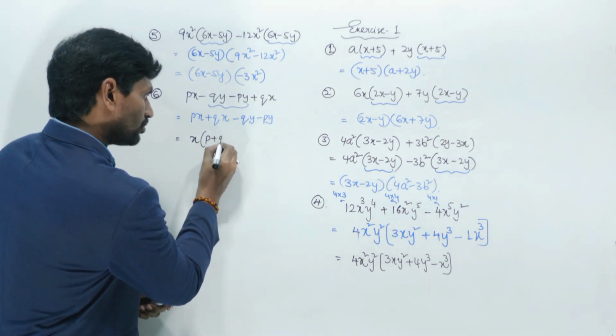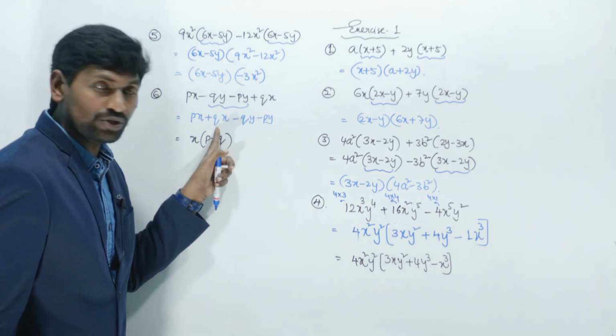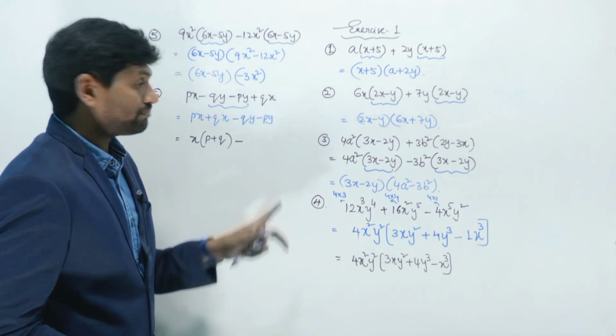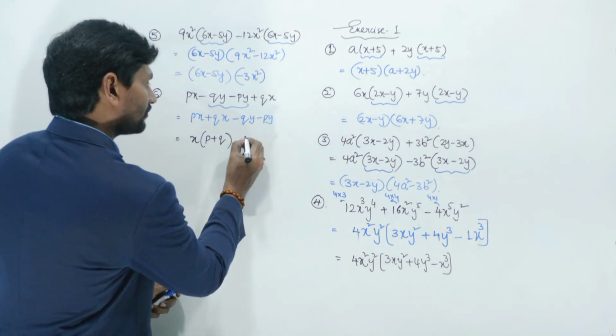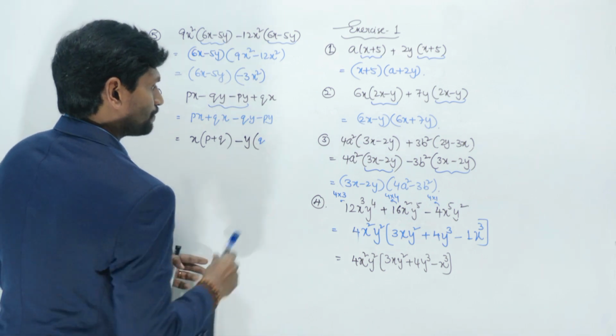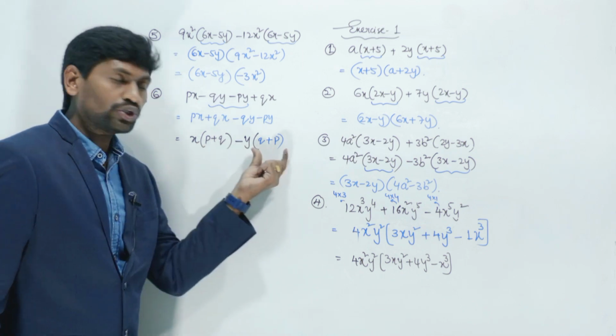Then p plus q is remaining. From the first term p is remaining, from the second term q is remaining. Now in these two terms, minus is a common symbol and y is a common letter. If you take minus y as common, then q plus p remains.